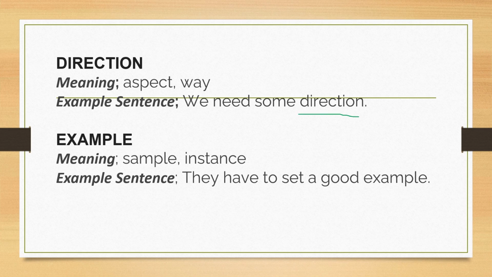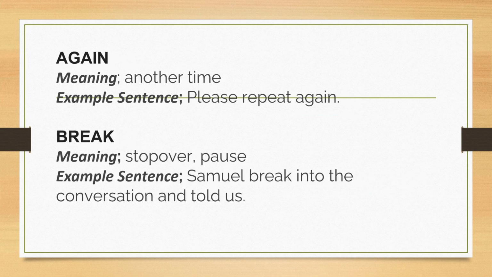Example meaning sample or instance. Example sentence: they have to set a good example. Again meaning another time. Example sentence: please report again. Break meaning stop over and pause. Example sentence: somebody broke into the conversation and told us.